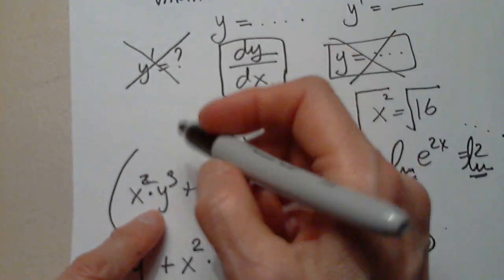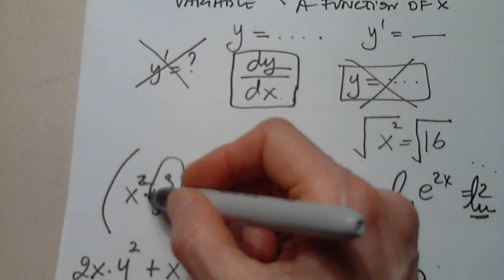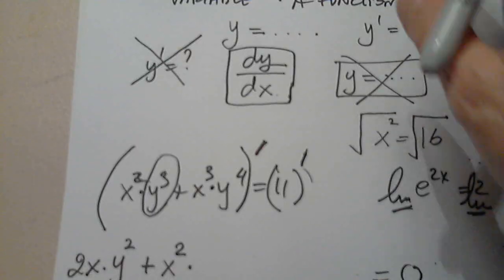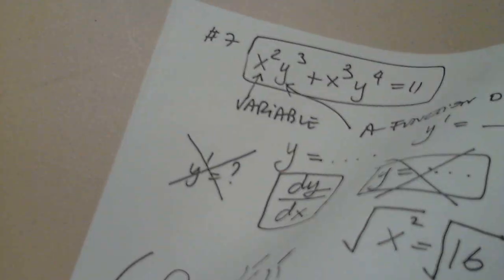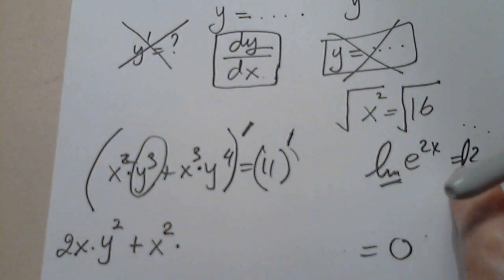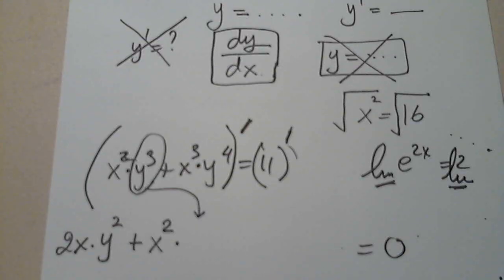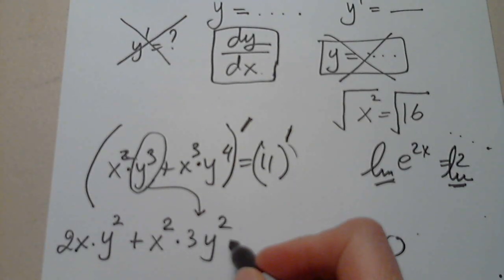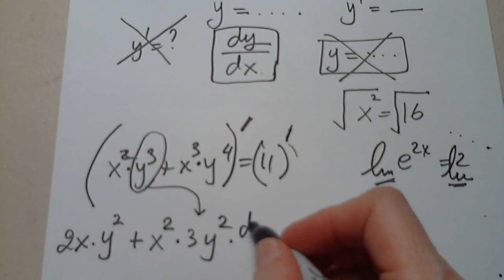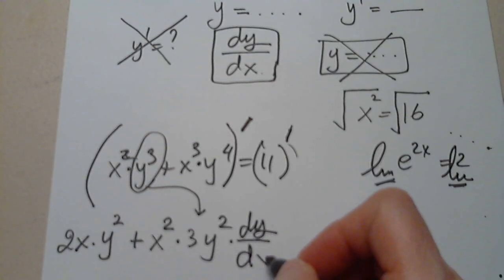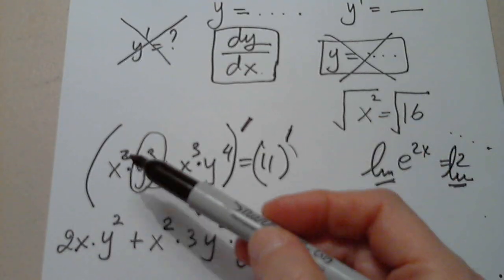Can anyone differentiate this? Of course, this is a function. It's a function to the third power. A function to the third power prime. Isn't it 3y to the power of 2 times the inner function prime? Excellent, thank you. I bring 3 down.